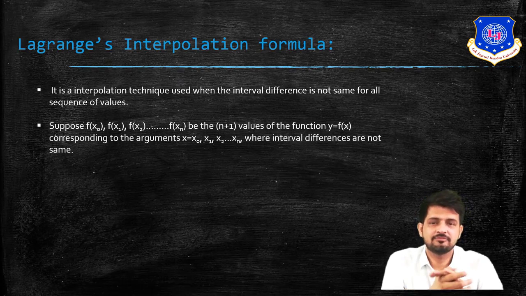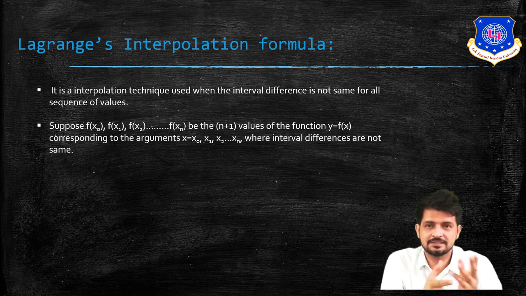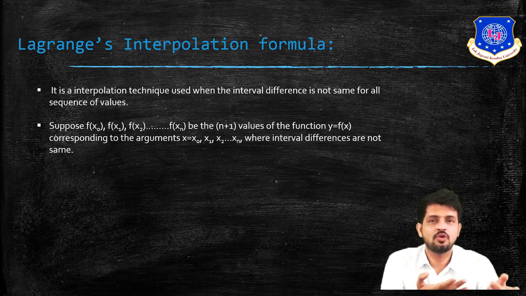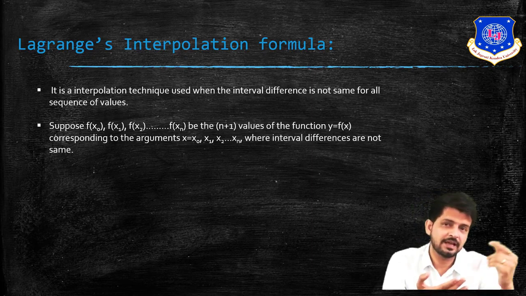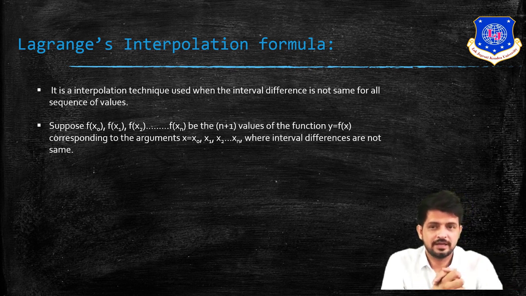For different values of x, which is also known as argument, like x0, x1, x2, x3 and so on, we are having different values of y that are also known as function values, f of x0, f of x1, f of x2, f of x3 and so on. Using these values we have to write the Lagrange's interpolation formula.